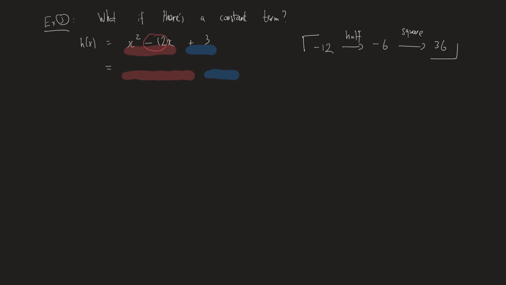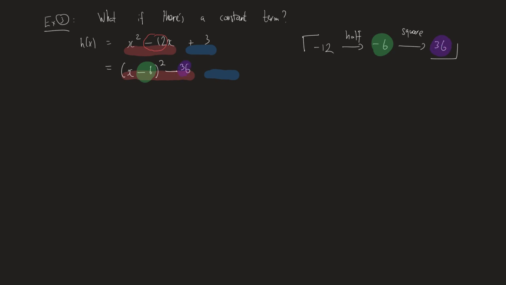So the first thing I'm going to do is form the perfect square using that -6. So that -6 gets used like that. I then have to subtract off that squared term, right? So that was that 36 that I've seen over there.